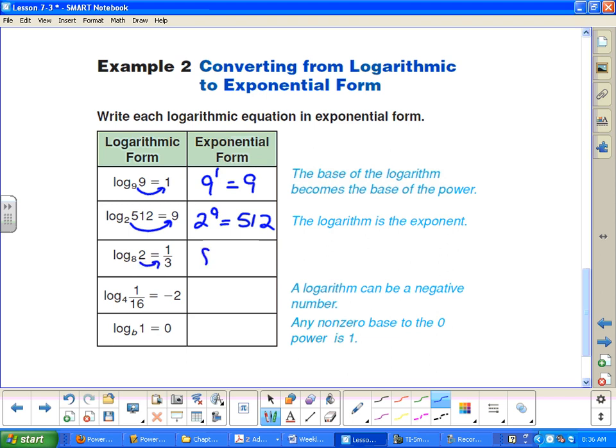And 8 to the 1/3 power equals 2. So we're taking the base raised to the exponent, what it's equal to, and then that equals our number here.